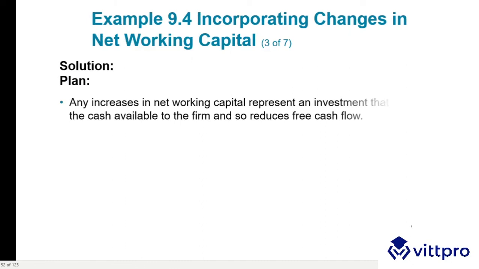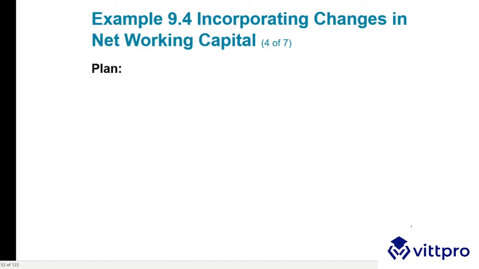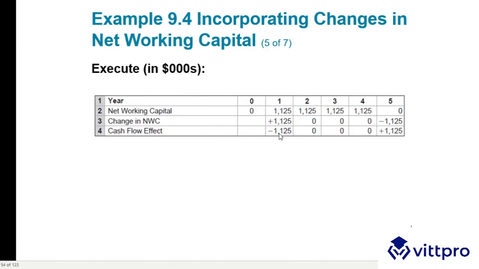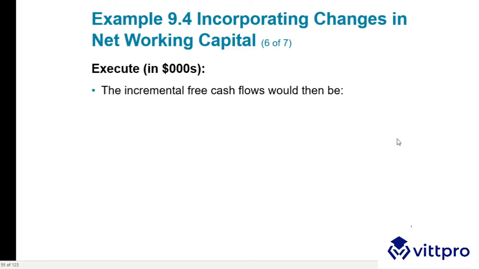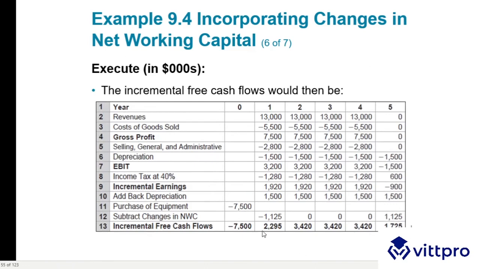So this is how it will be done. The cash flow will be minus 1.125 in year 1, and in year 5 you will have plus 1.125. So in the net amount you will get this net cash flow. You will subtract the cash outflow in year 1 and add the cash inflow in year 5. That is the impact of the net working capital change.